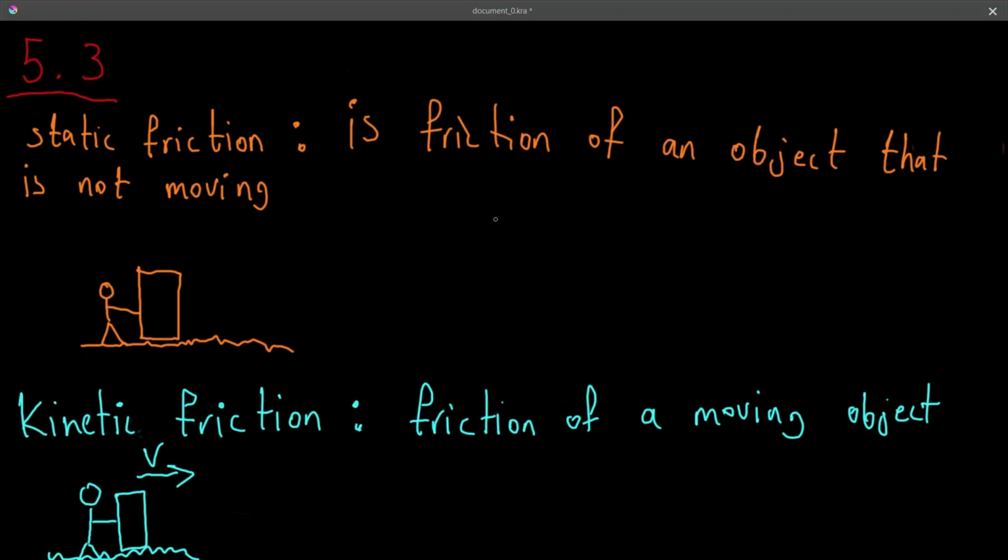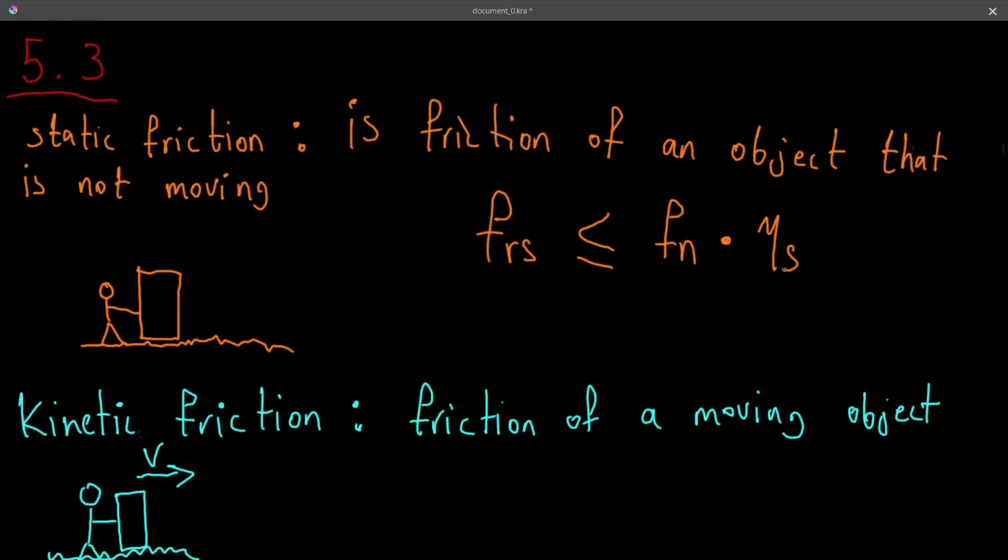Okay, now you might ask, how can I calculate the static friction or the kinetic friction of an object? Well, let's start with static friction. To calculate the static friction, you'll say FRS, which is how we refer to the force of static friction, is less than or equal to, and I'll explain why we put the less than or equal to, Fn, which is just the normal force, multiplied with mu s.